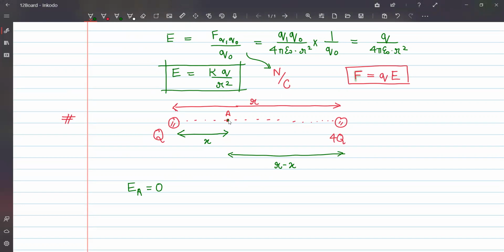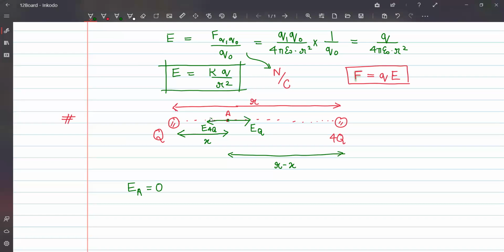Here at this point, Q will be giving electric field on this side, and 4Q will be giving electric field on the other side.